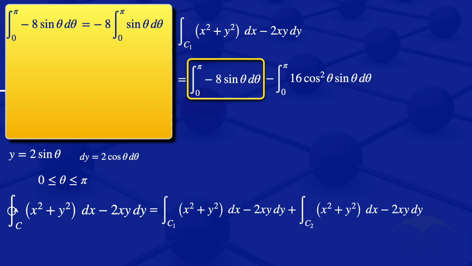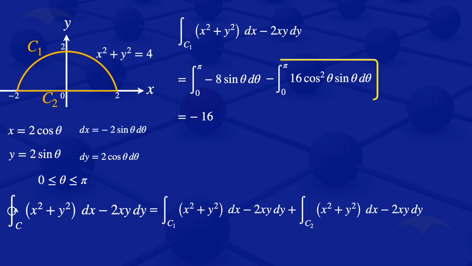But the integral of sine theta is minus cosine theta. So we have minus 8 multiplied by minus cosine theta from 0 to pi. When we substitute the limits there, that value is minus 16. So for the highlighted part there, we have minus 16.